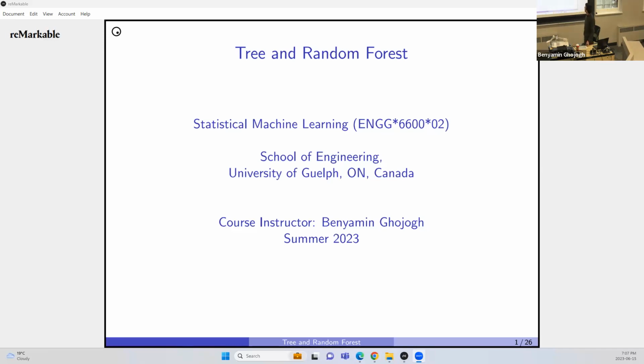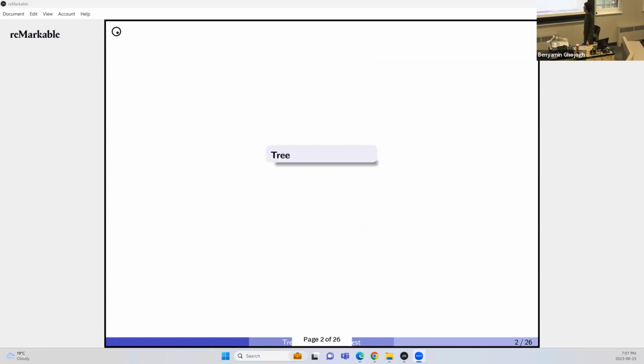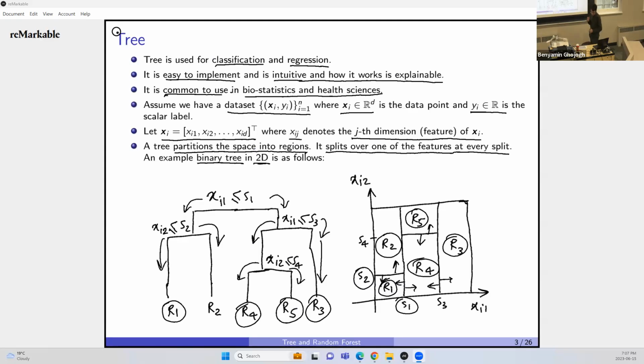So tree and random forest, we started that in the previous session. What did we say? We said tree is used for either classification or regression. It's used a lot in various fields of science. It has been used even in optimization. For example, for non-convex optimization, the branch and bound method uses a tree.